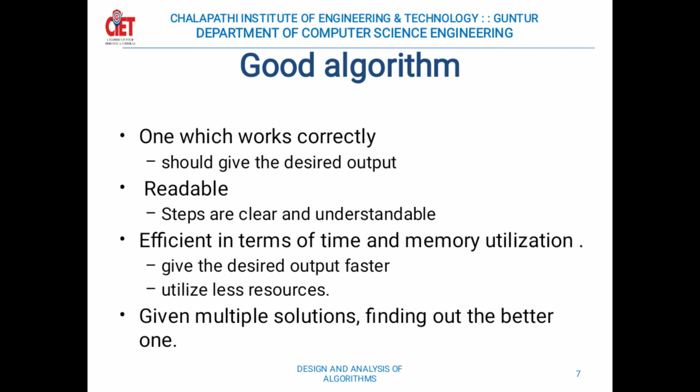And readable: readable means there is no ambiguity, it provides clarity and understandability, that means definiteness. And efficient in terms of time and memory utilization, that means the effectiveness property. So an algorithm which possesses the three properties, definiteness, effectiveness and finiteness, then only we say that it is a good algorithm.